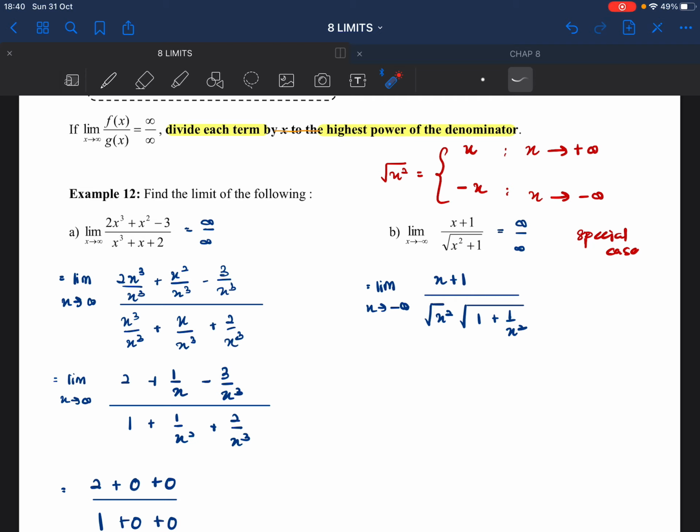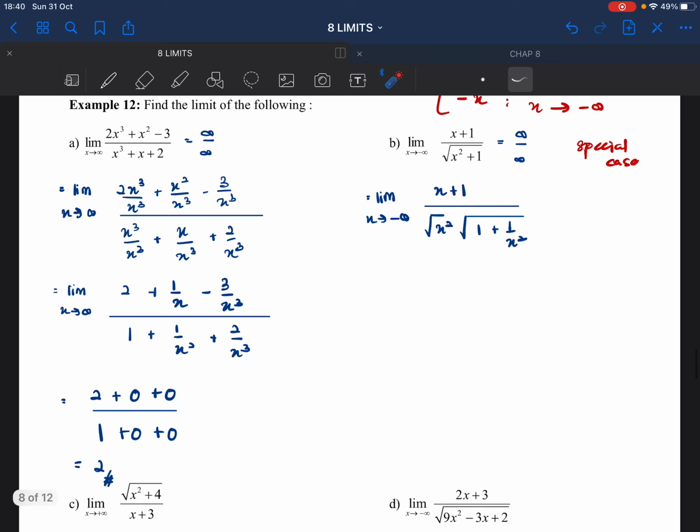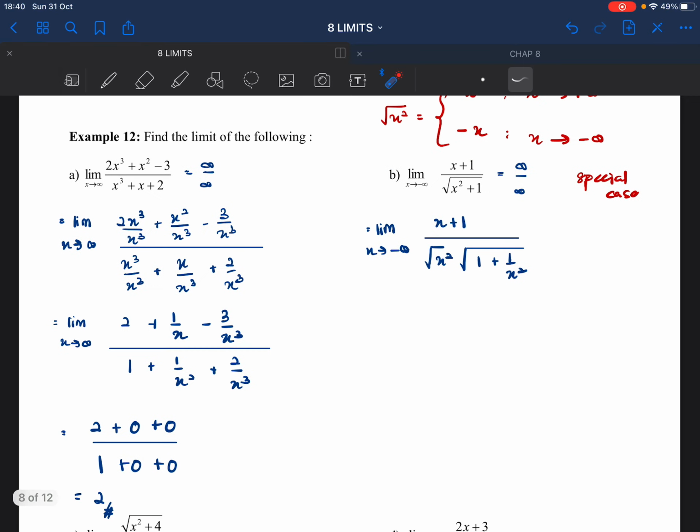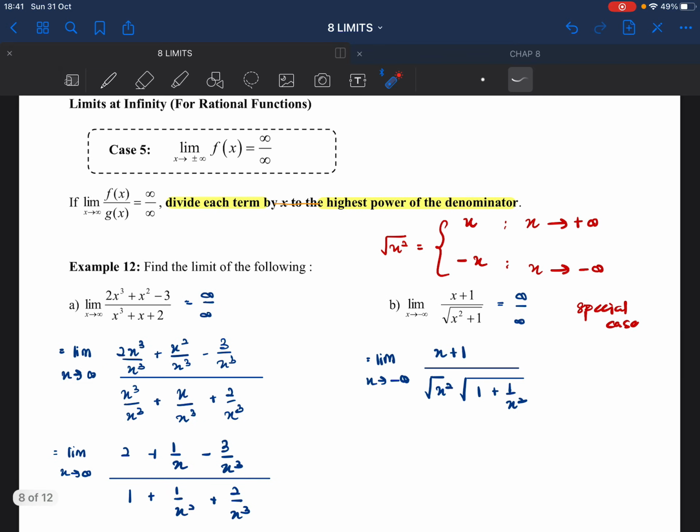Now you have to check your limit, x approaches negative infinity. Usually for a limit at infinity involving a square root, the answer may differ between positive and negative infinity. But for this one, the answer is the same, no difference. Now, as I said earlier from the definition, when x approaches negative infinity, the square root of x squared is negative x.